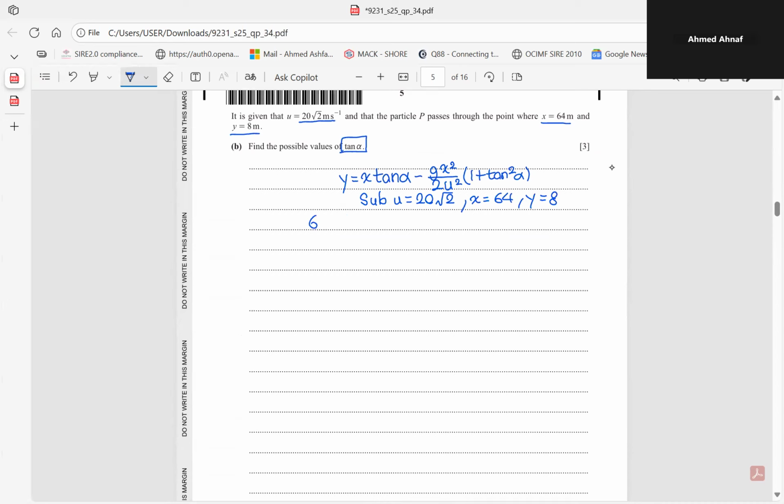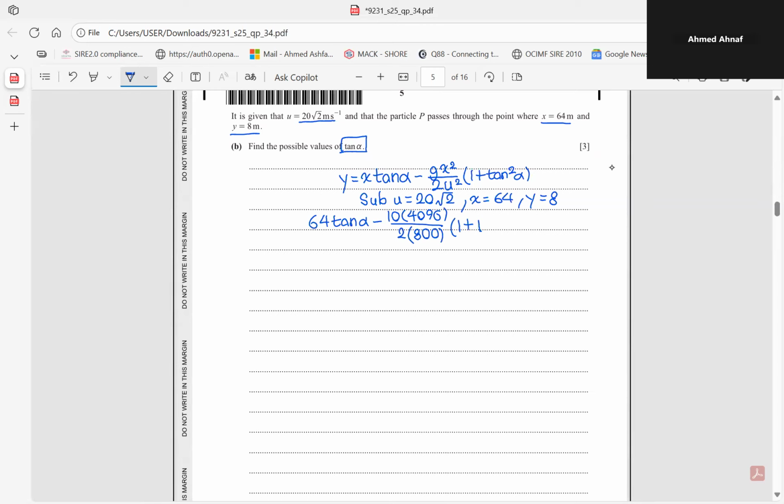So you get 64 tangent alpha minus g, which we can write as 10, times x squared, that's 64 squared. Type into your calculator, you'll get 4096 over 2u squared. So u squared you can write as 20 root 2 whole thing squared, that would be 800, times 1 plus tangent squared alpha, that equals 8.